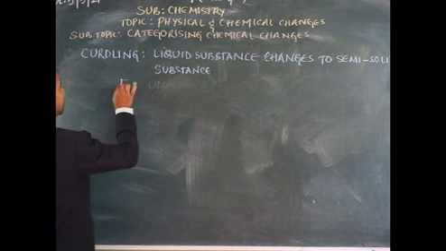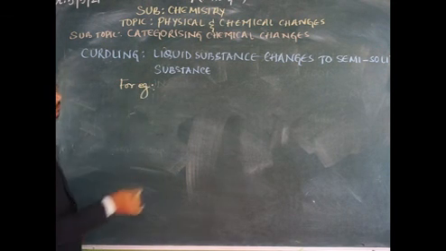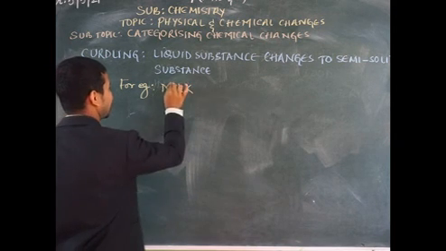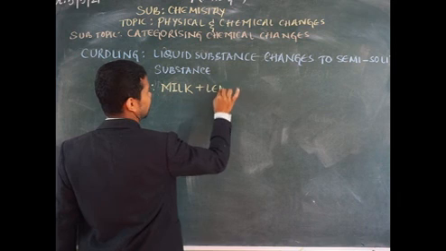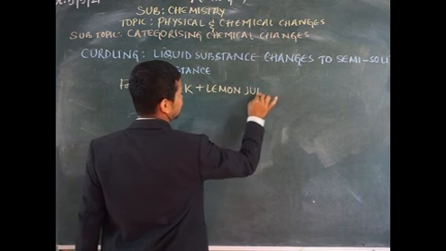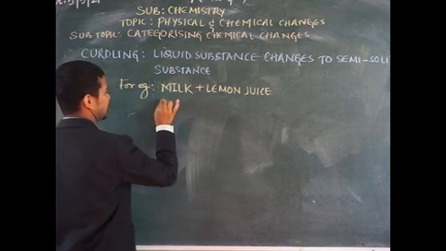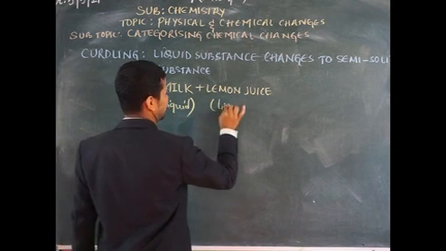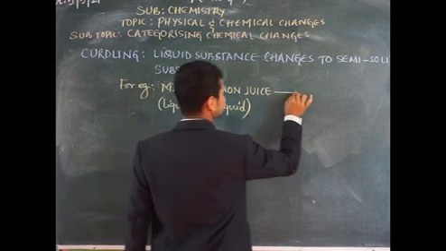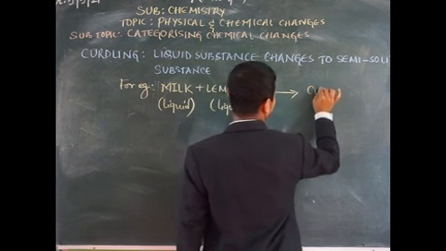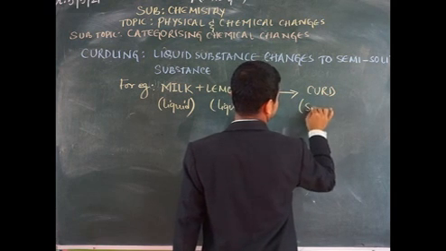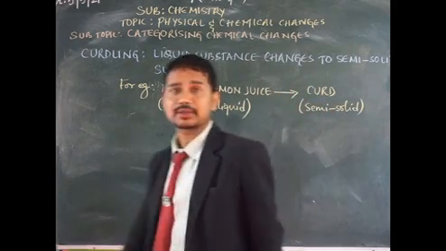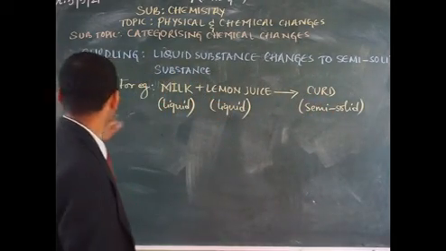For example, when you add lemon juice to milk, milk is liquid and this lemon juice is also liquid, but when you mix these two you will get curd, which is semi-solid. So that means curdling.